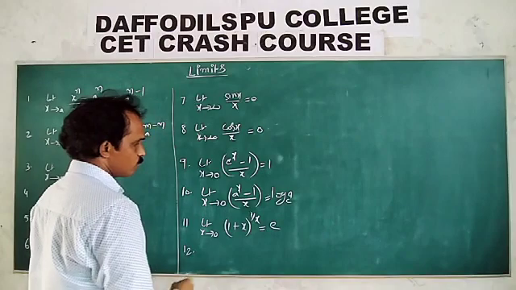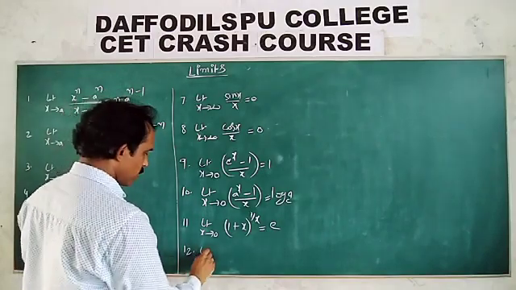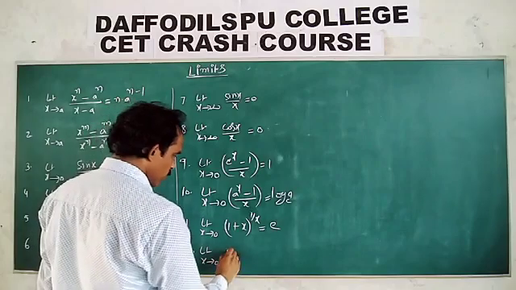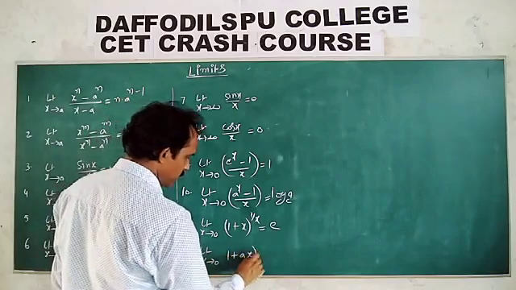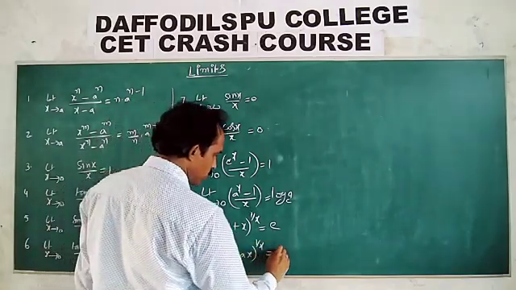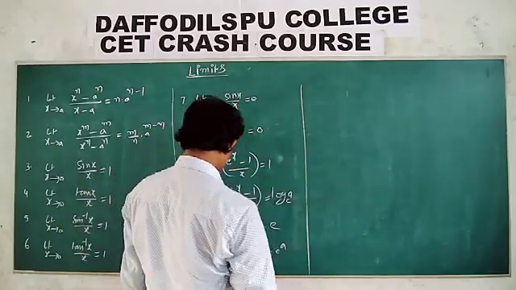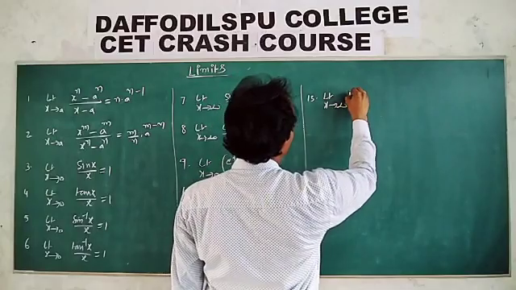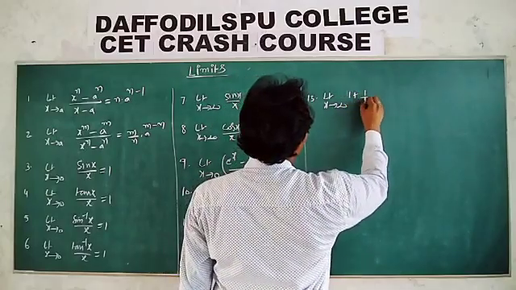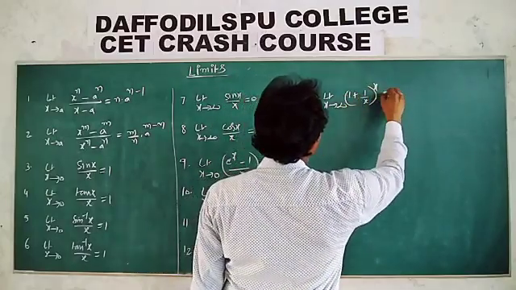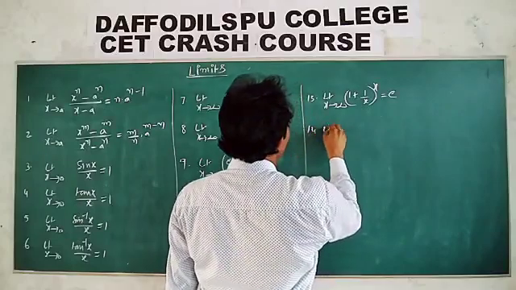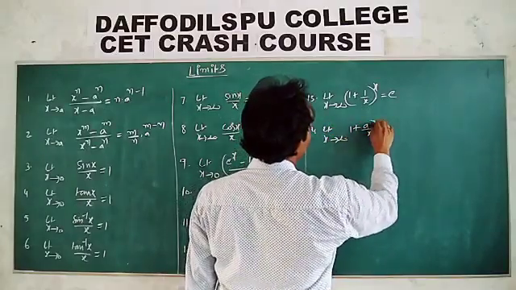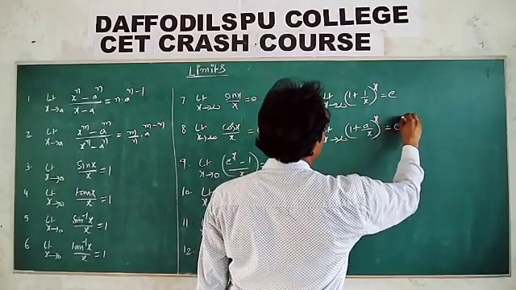limit x tends to 0, 1 plus ax whole power 1 by x is equal to e power a. Like this, limit x tends to infinity 1 plus 1 by x whole power x is equal to e, and limit x tends to infinity 1 plus a by x whole power x is equal to e power a.